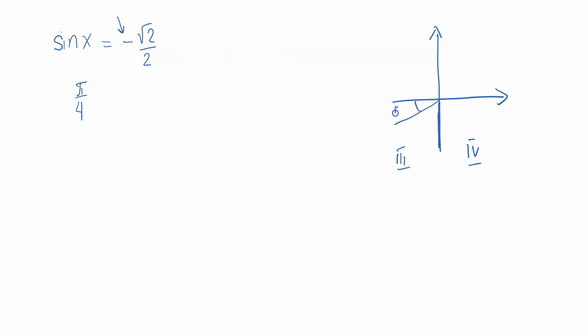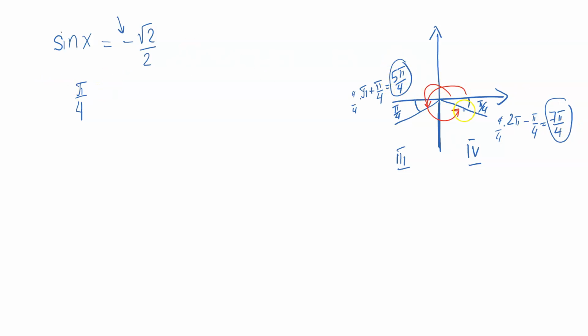Reference angle pi over 4 in the third quadrant will give us coterminal angle of pi plus pi over 4 or 5 pi over 4. And reference angle in the fourth quadrant will give us coterminal angle of 2 pi minus pi over 4 or 7 pi over 4. So we have these two solutions.